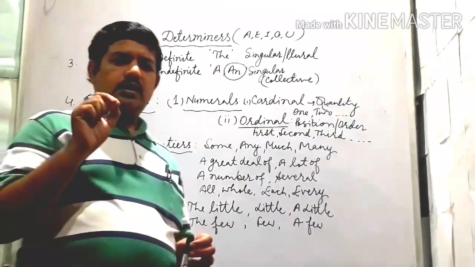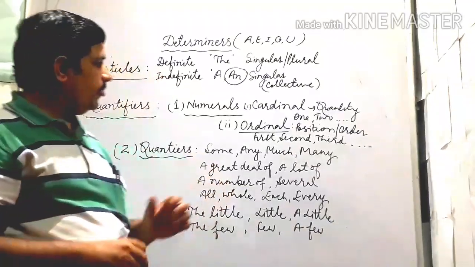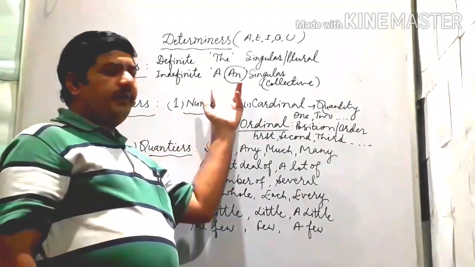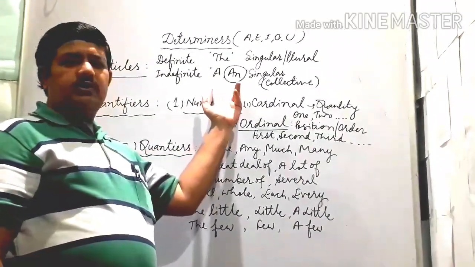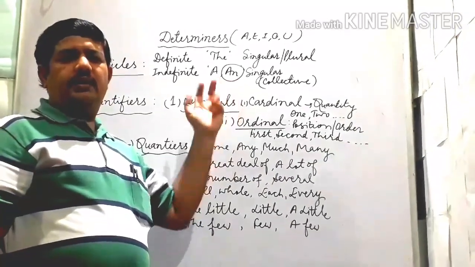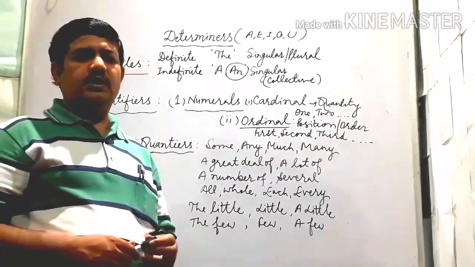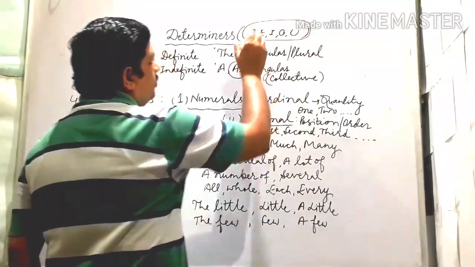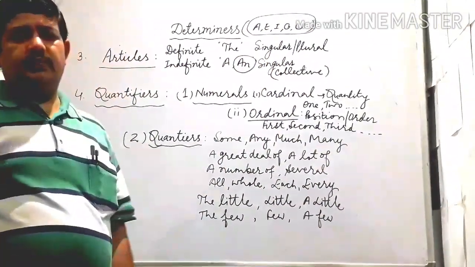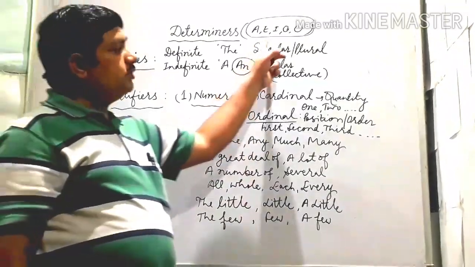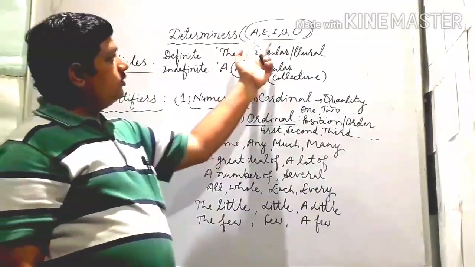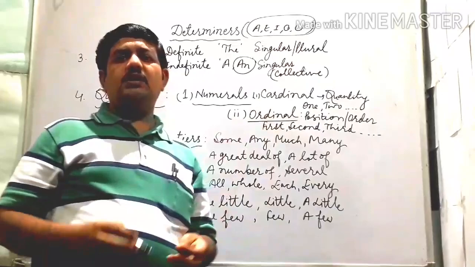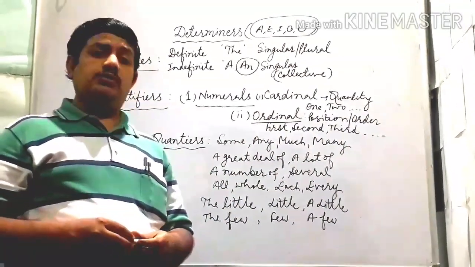Okay, I tell you in a simple way, the ultimate thing that we must know about a and an when we use the article: it is only the sound that makes the ultimate difference. These vowels are not actually vowels, these are the representatives of vowels.